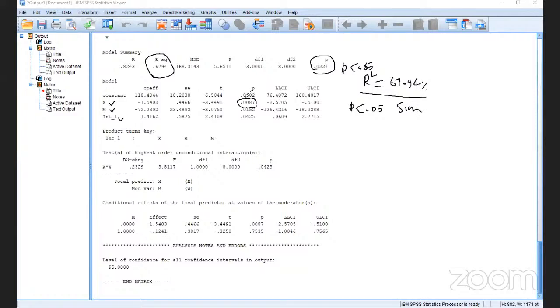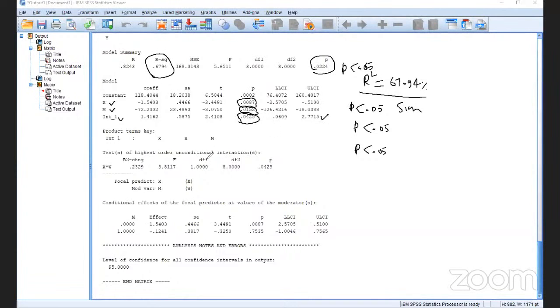In the second case, the low and high job performer is again significant because the p value is less than 0.05. And the interaction term is again less than 0.05. So in our model, the moderator variable is working.